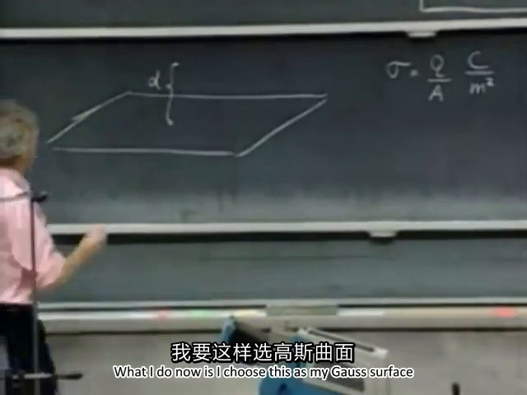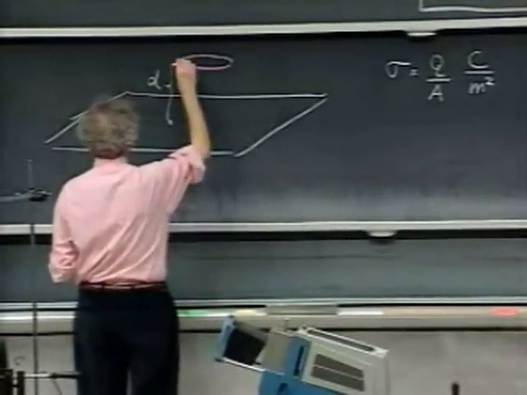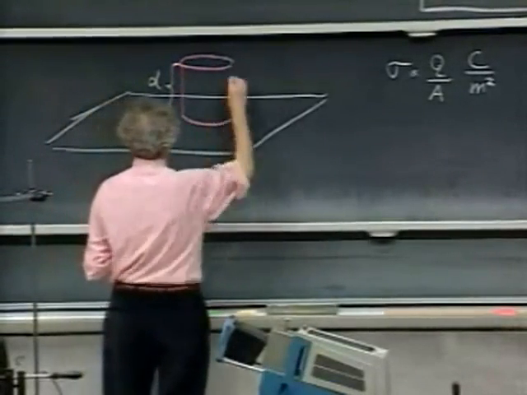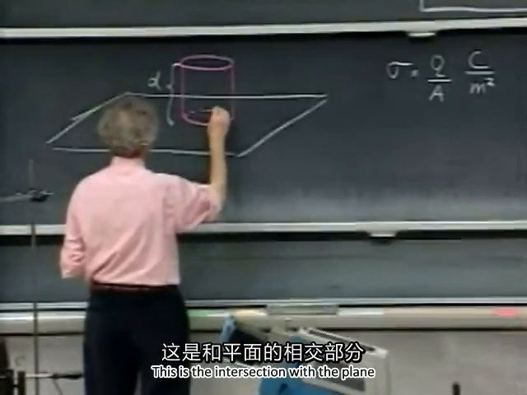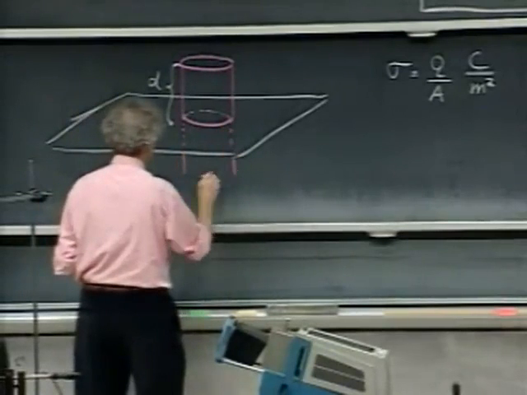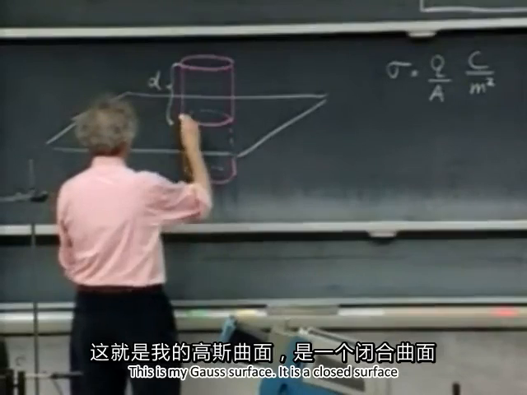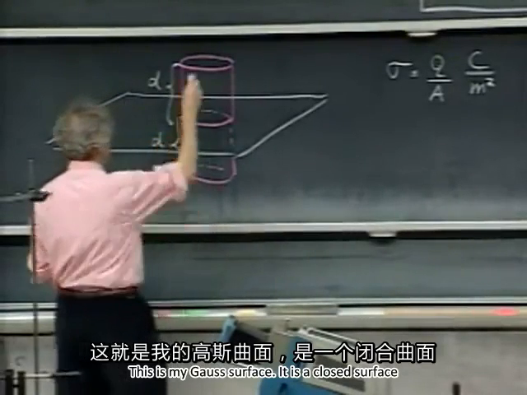What I do now is I choose this as my Gauss surface. Watch me closely. This is the intersection with the plane. This is my Gauss surface. It is a closed surface.